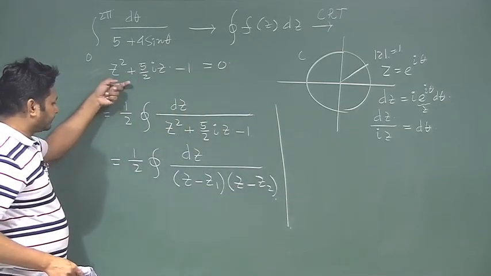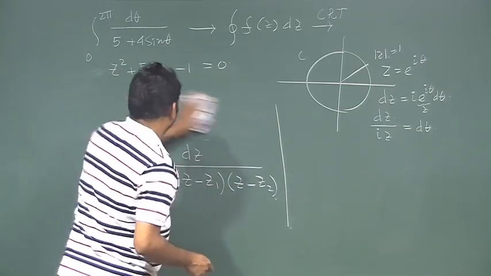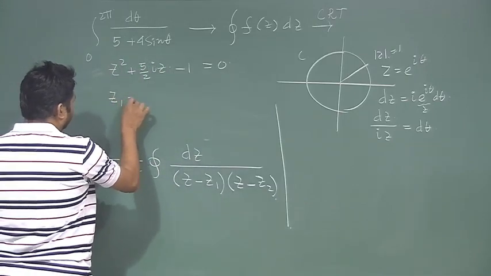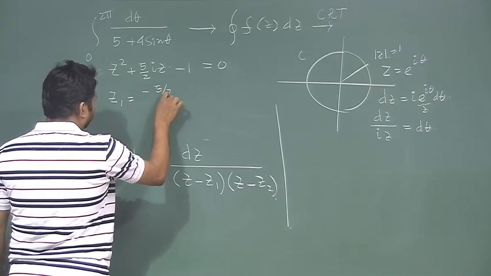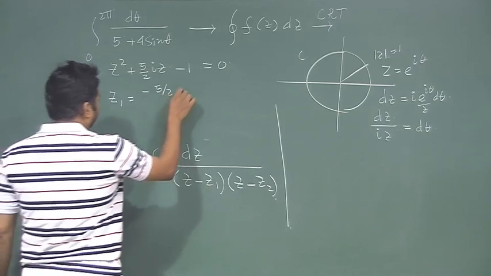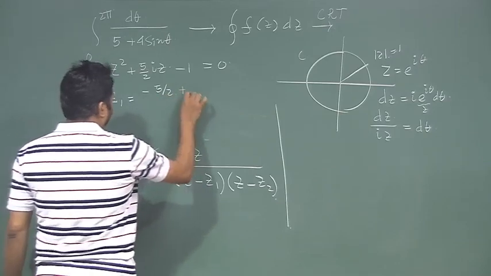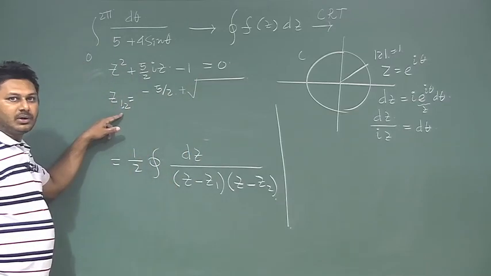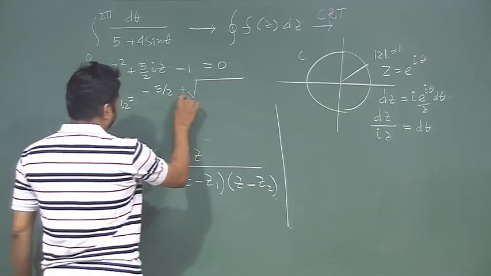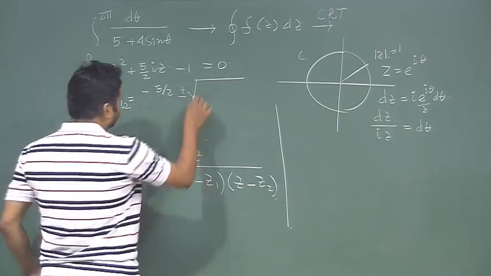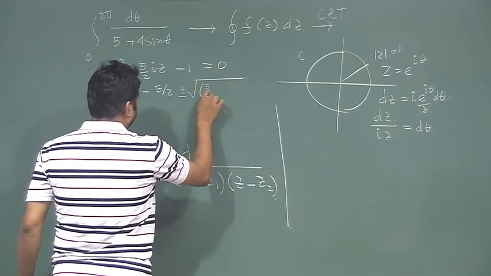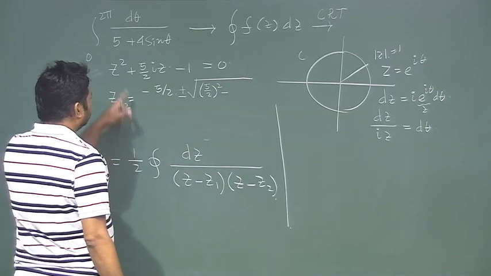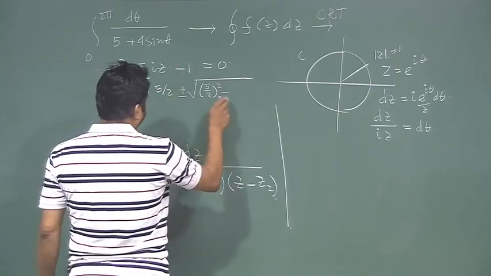Okay, let me erase this. So, this quantity z1 is minus b, which is 5 by 2, plus minus root over. Z1 and z2 together I am taking, so that I can put the plus minus sign here: minus b plus minus root over of b square, which is 5 by 2 whole square, minus 4 ac, where 4 is minus 1, 4 c is minus 1.